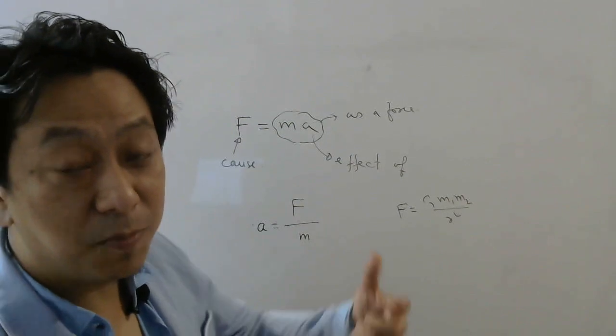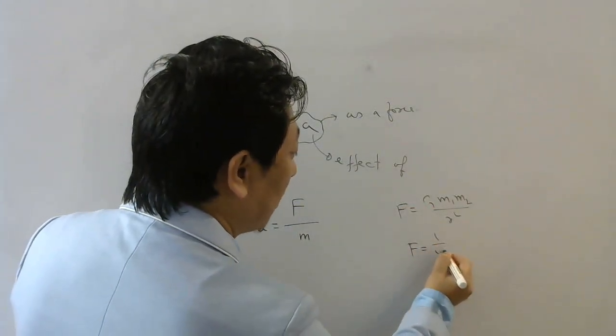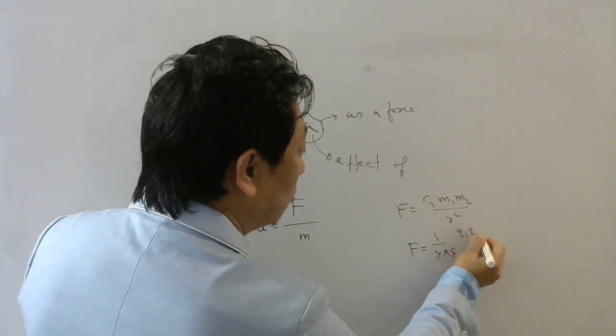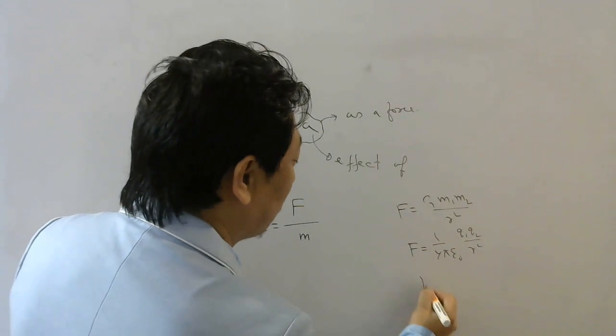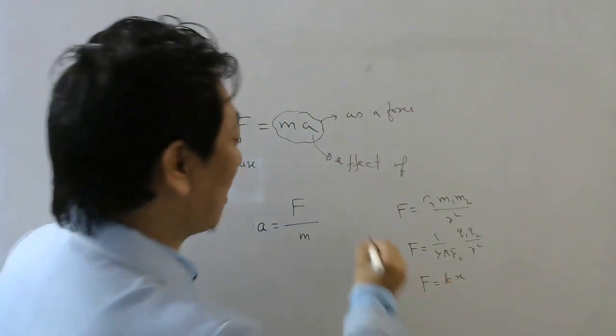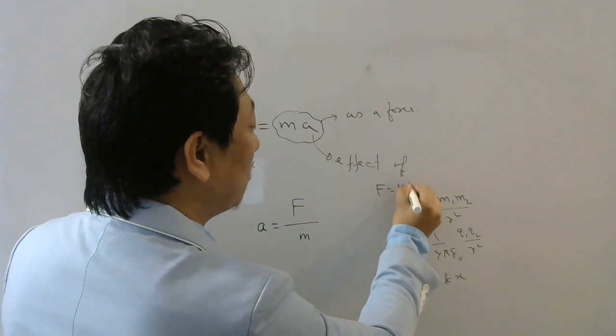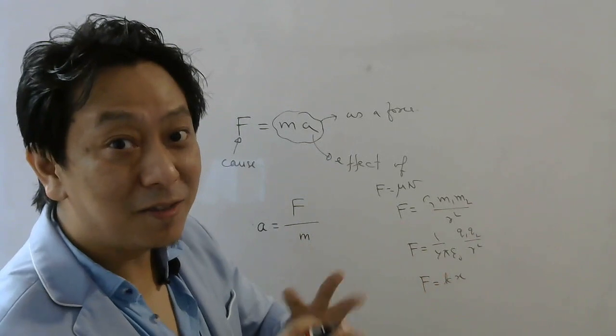Similarly, if the force is because of charges, then we write the formula as 1 by 4 pi epsilon naught q1 q2 by r square. And if the force is due to a spring, we write the formula as k times x. And if the force is due to friction, then we have the formula as mu into N. So we have to discover the laws that give you force.